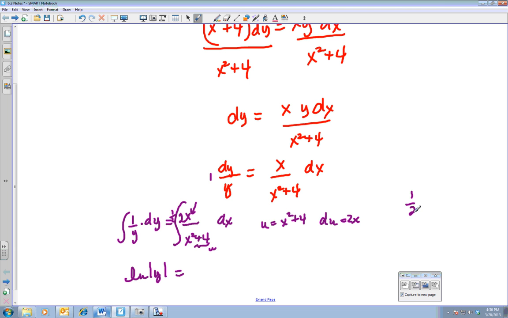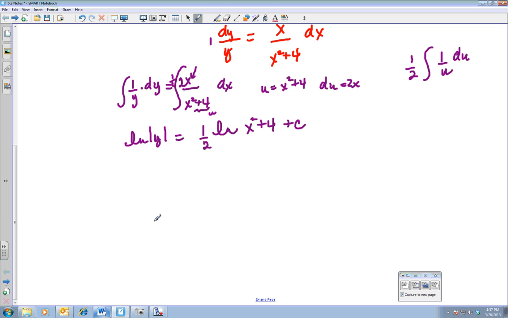I have 1/2 times 1 over u du. Here's my du, here's my u, so I have 1 over u. When I integrate this, I have 1/2 the natural log of u, but u is x squared plus 4. And remember, we just need our plus c on one side.